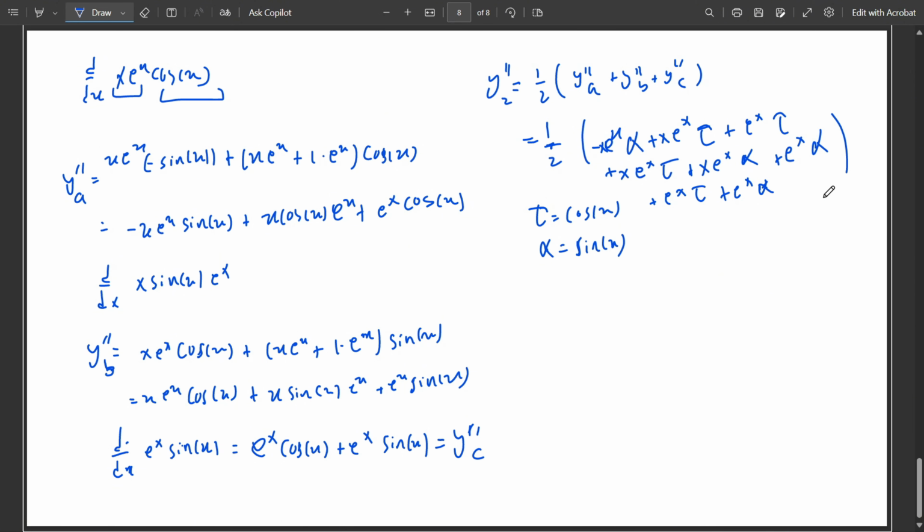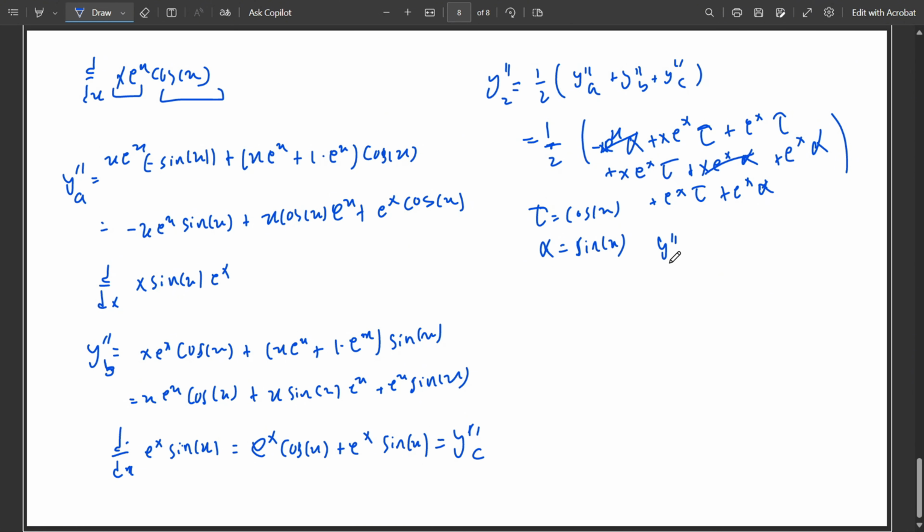We can simplify this: negative x e to the x alpha with x e to the x alpha cancels out, and tau, there's no negative, so we can combine these.